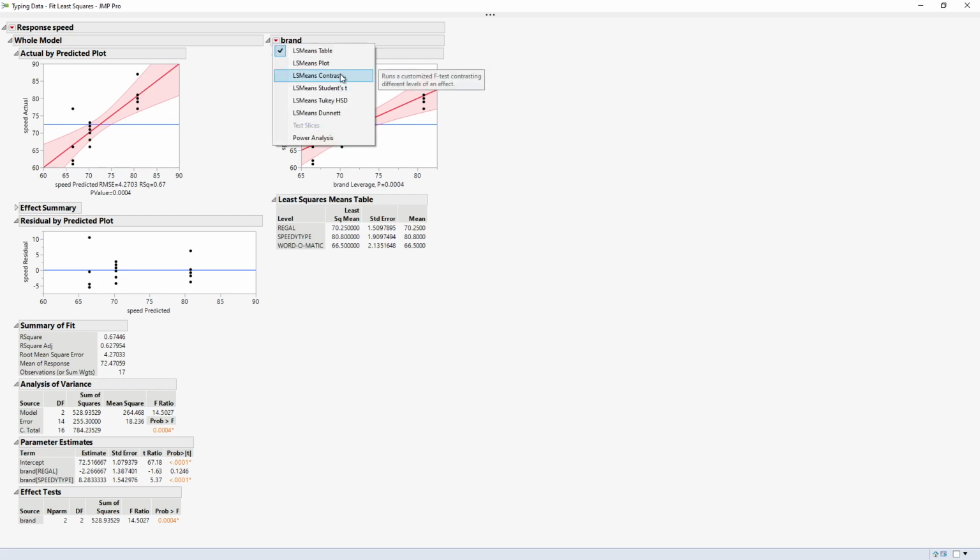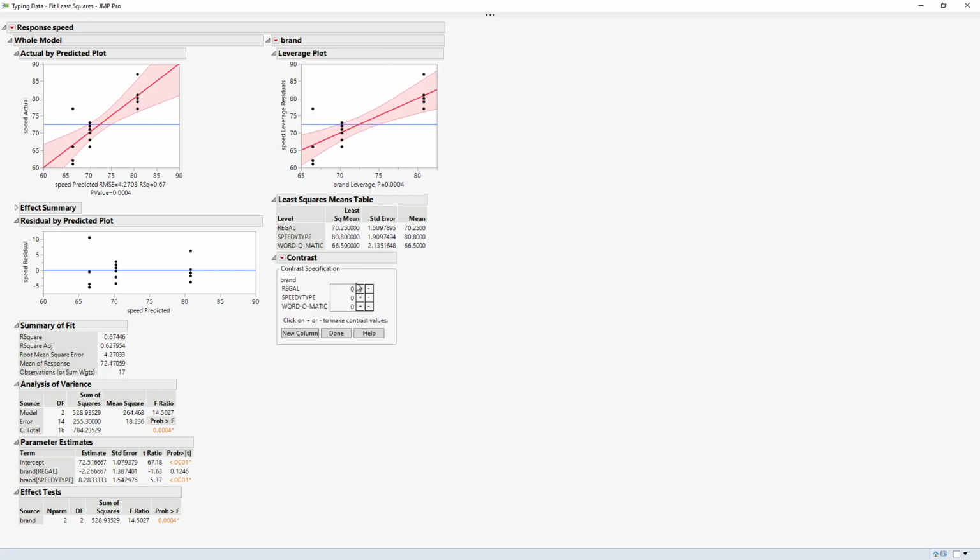But if we go to the individual effect, we can make a least squared means contrast. Here we can set these up and create whatever combination we want. You can even weight different means more or less than others. In this case, we don't really have a reason to do that.